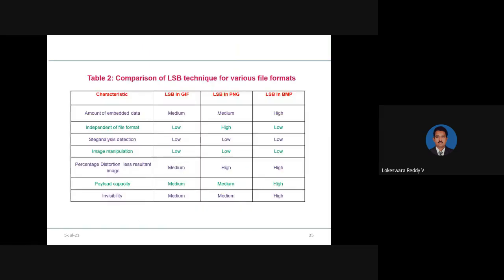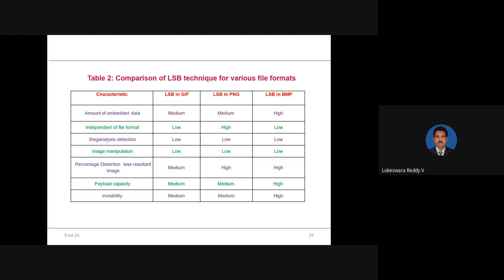Next, finally I observed all these things. The amount of embedding data in LSB in GIF is medium, in portable network graphics medium, and in BMP we can embed more data. Independent of file format, GIF supports low, portable network graphics supports high, and BMP supports low.